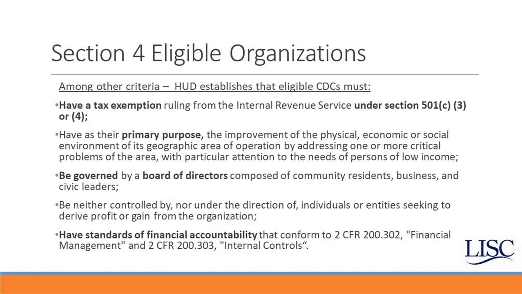An organization must have standards of accountability, and what the government means by that specifically is good accounting systems that can track revenue and expenses, policies and procedures in place, internal controls, and their financials and business practices must be reviewed by an external independent auditor. So all of that needs to be in place for an organization to be eligible to receive funding from one of the 3 intermediaries.